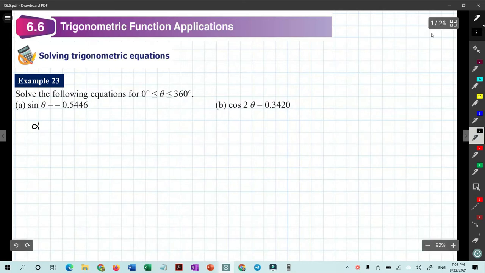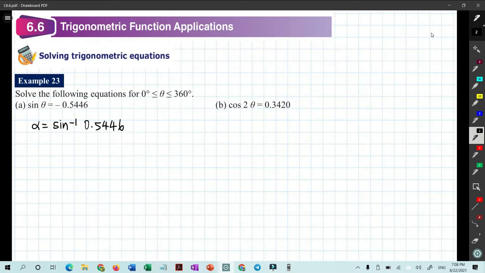So alpha is equal to shift sine 0.5446. In order to find the reference angle alpha, we just ignore the negative sign in 0.5446.